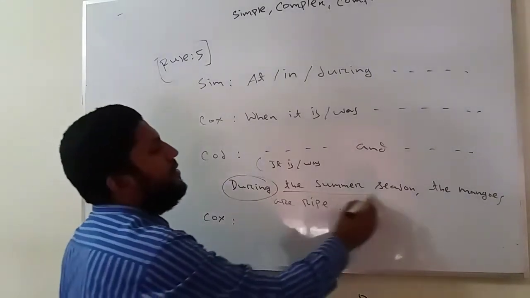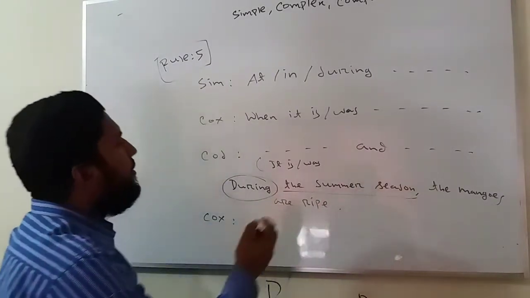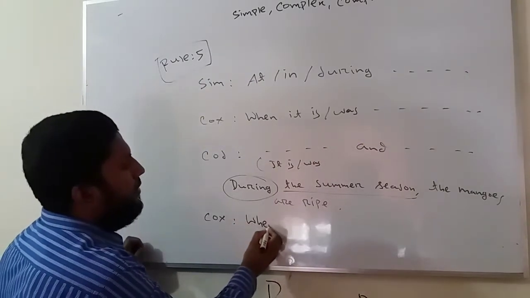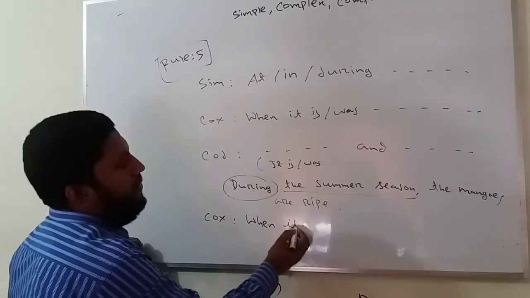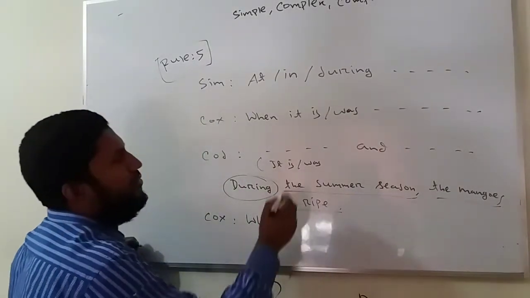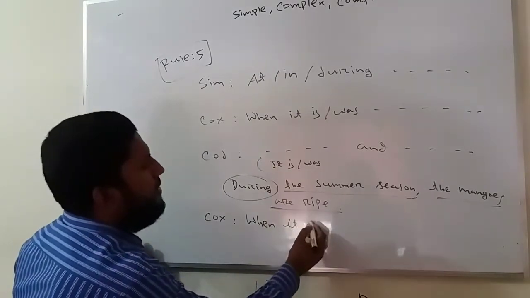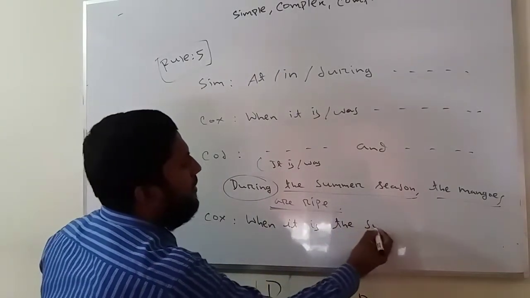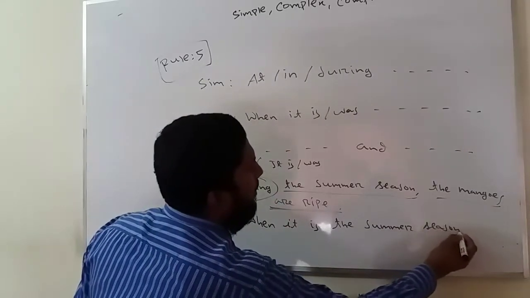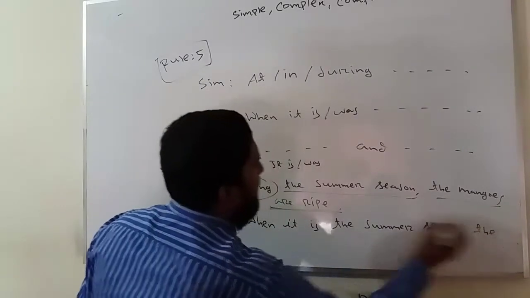The summer season is not a person, so you will have to use it. When it is or was, the clause is in present form, so you will have to use is. When it is the summer season, the mangoes are ripe.